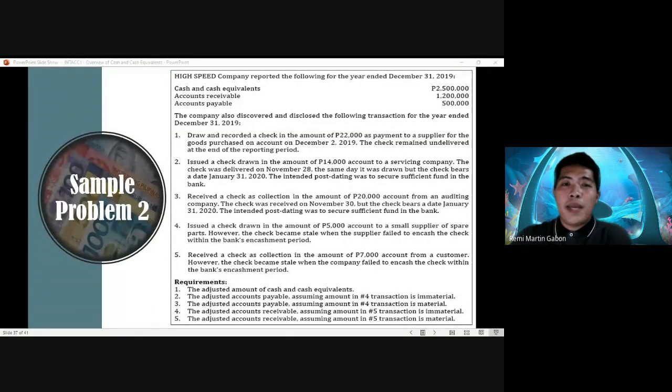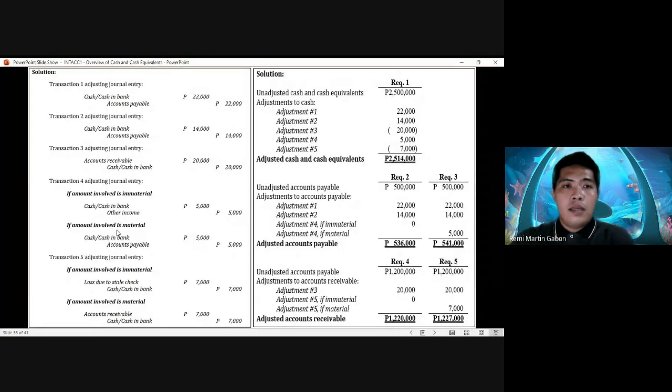So we have two perspectives, whether immaterial or material. Initially, whether immaterial or material, our initial entry is to record debit accounts payable and credit cash. But the adjusting entry will depend on the assumption. Assumption 1, it is immaterial.